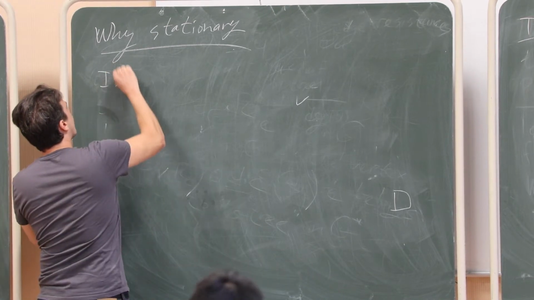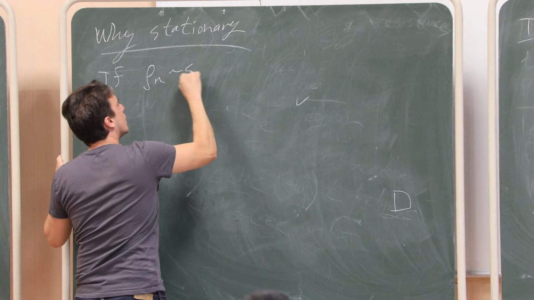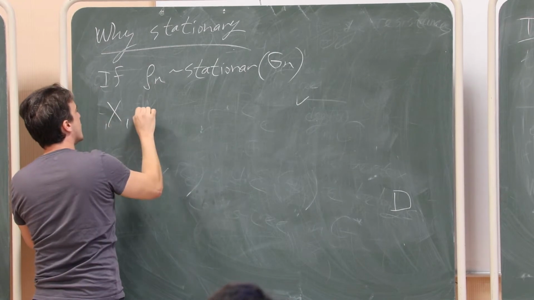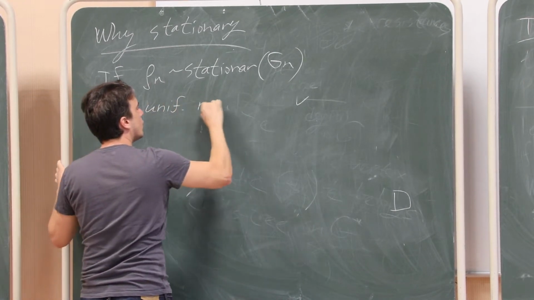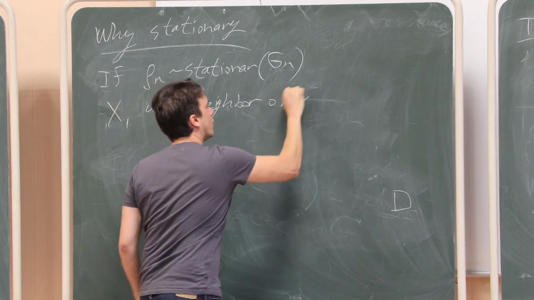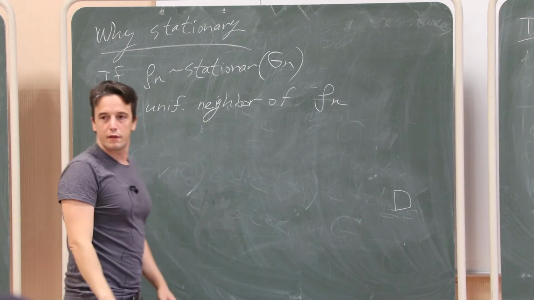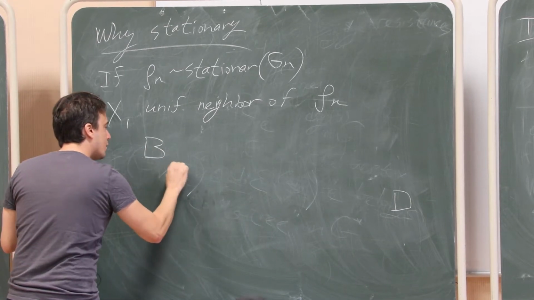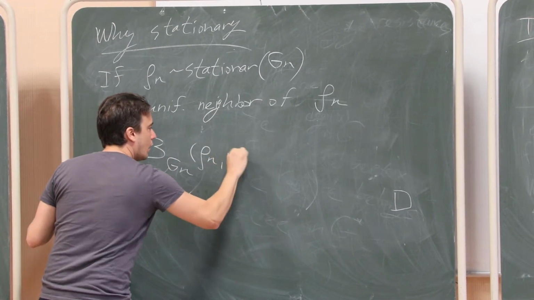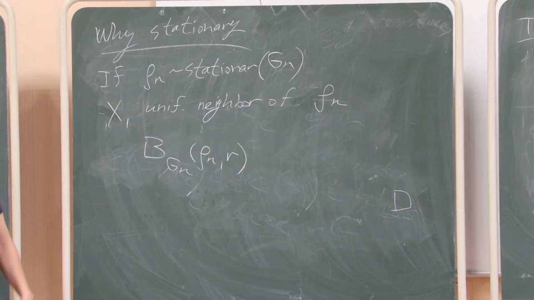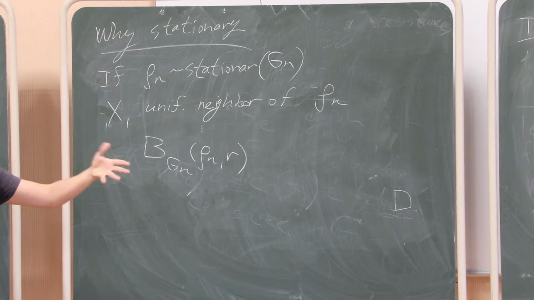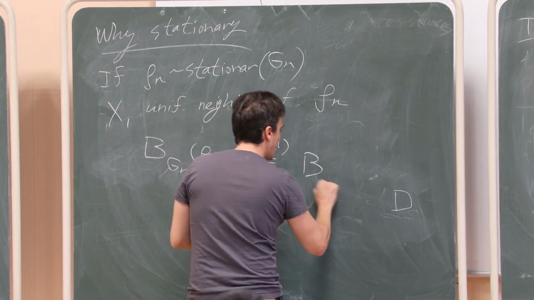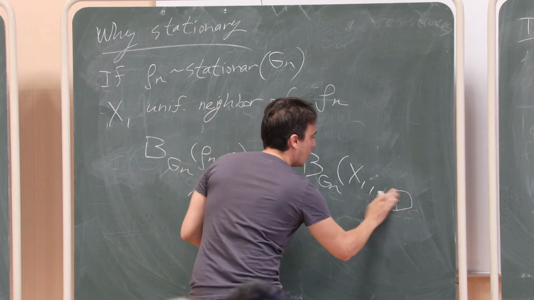So if rho_n is a stationary vertex of G_n, and X_1 is a uniform neighbor of rho_n, then when I look at the random variable B(G_n, rho_n, r), with a fixed r, which is a random variable in our space G bullet or M bullet, this random variable has the same distribution as B(G_n, X_1, r).